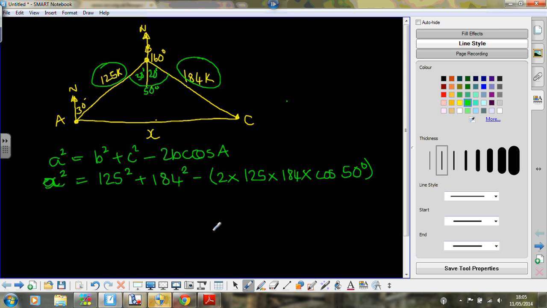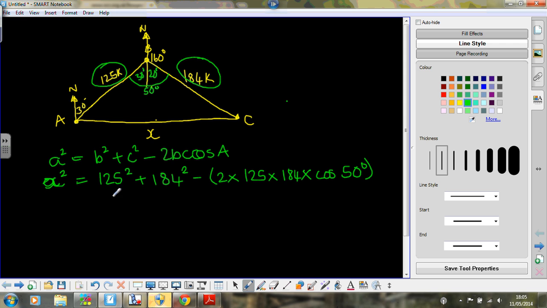I can use my calculator. Now, my own personal preference here is to actually do the single calculation because it means that you are less likely to make a calculator entry error.